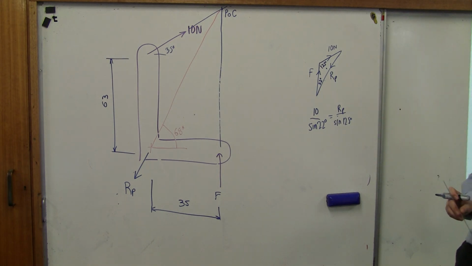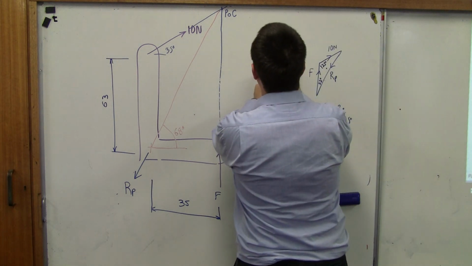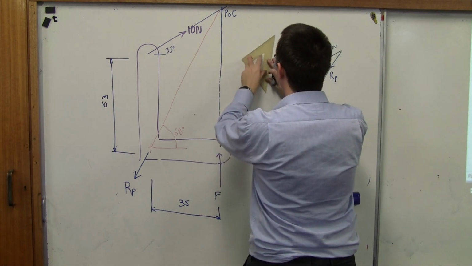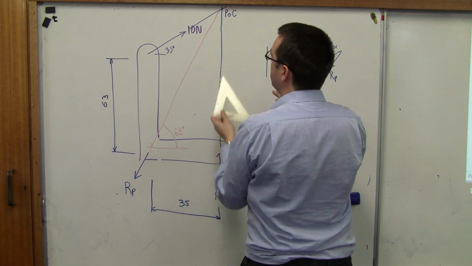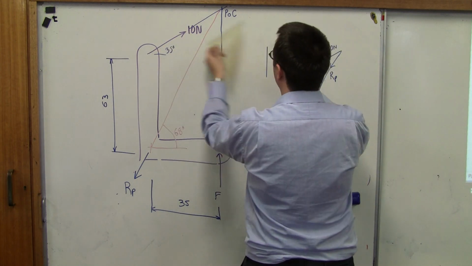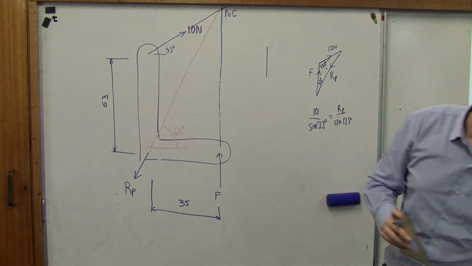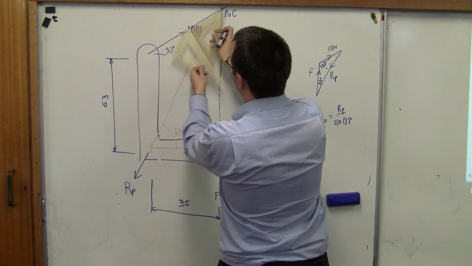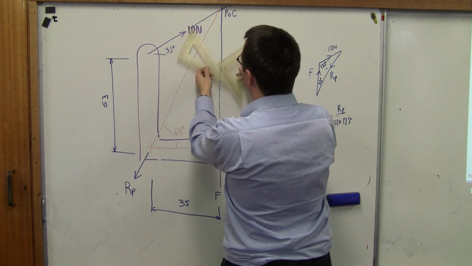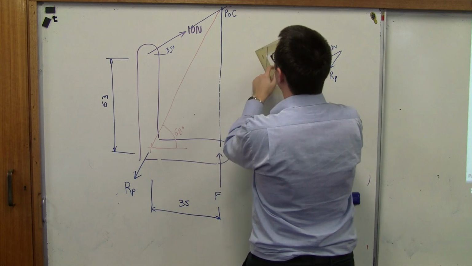So I can draw, if I have my line, so I know I have a vertical line, so I'm going to draw a vertical line, and I have a line at 35 degrees, and again it's a bit hard at this scale, but if I set this up to the correct angle and I slide down, I can eventually produce parallel lines.